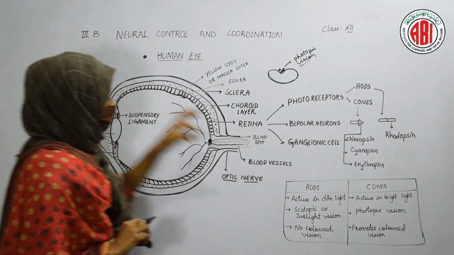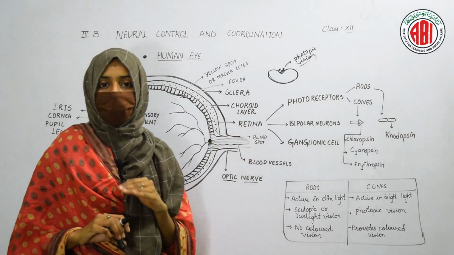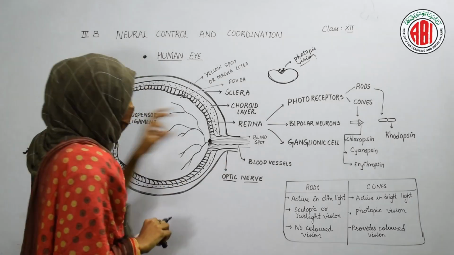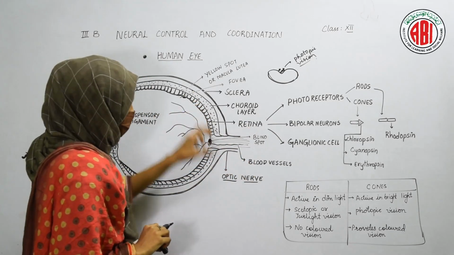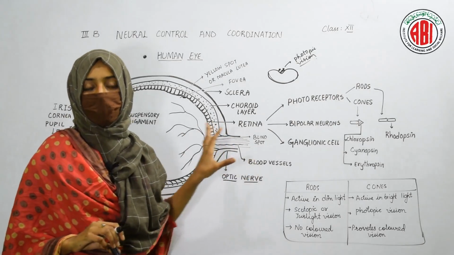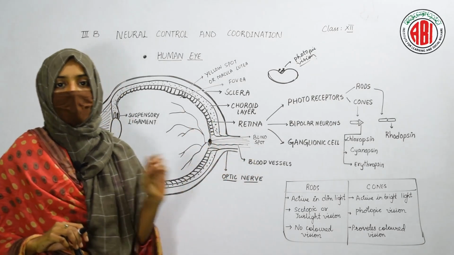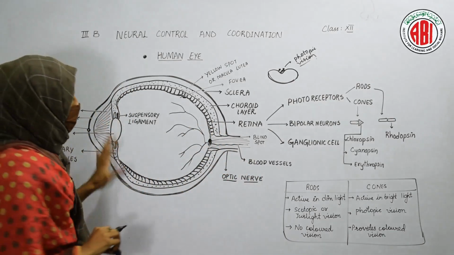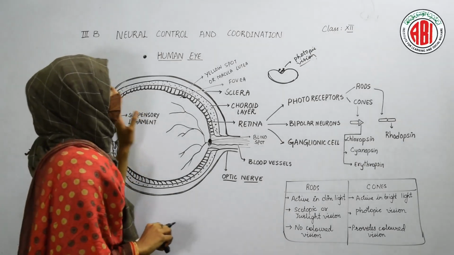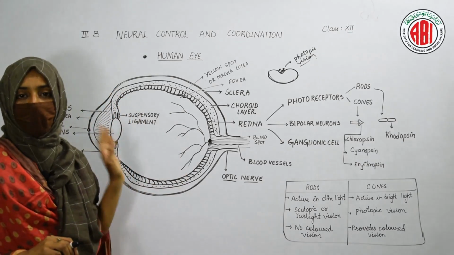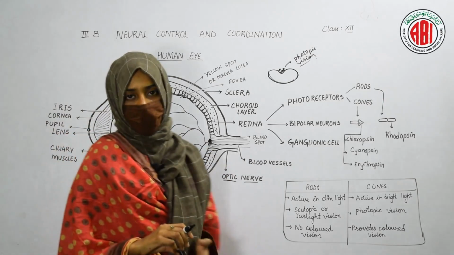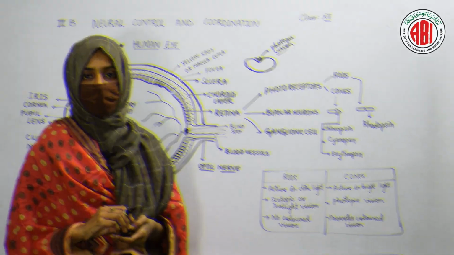But when the light falls on the blind spot, it will not help you to visualize anything, because the blind spot is a spot where the optic nerves and blood vessels leave. It does not provide any vision to our eye. This is about the different parts, layers, and photoreceptors that are found in the human eye.